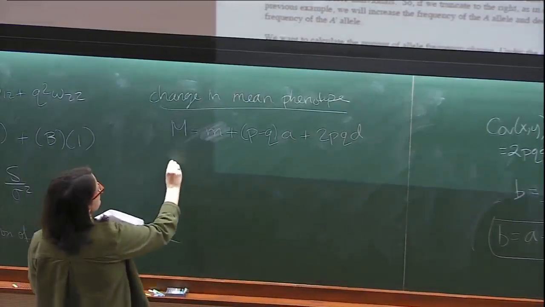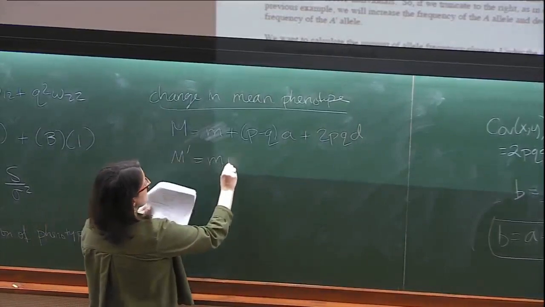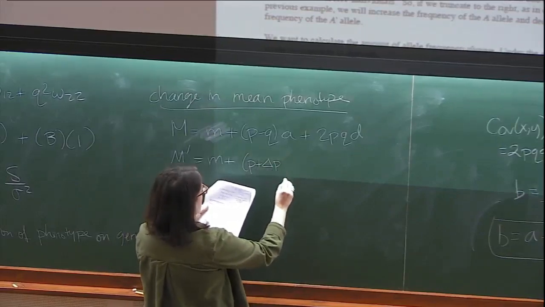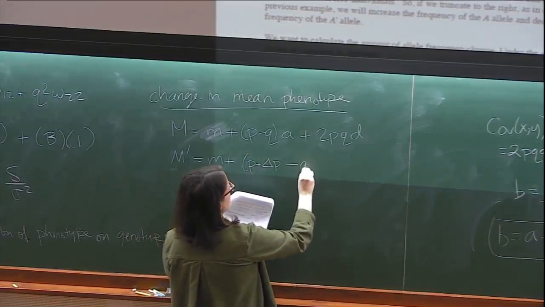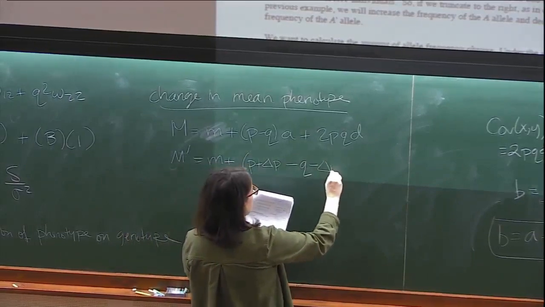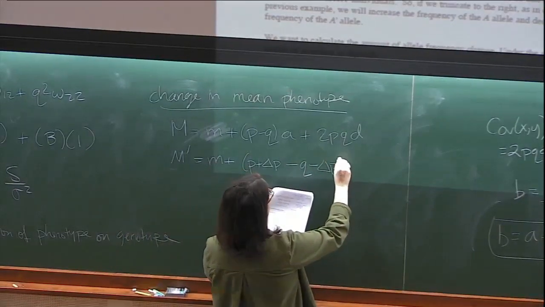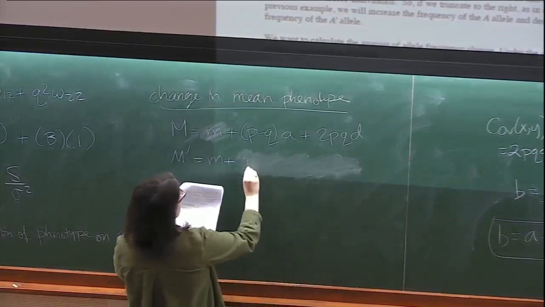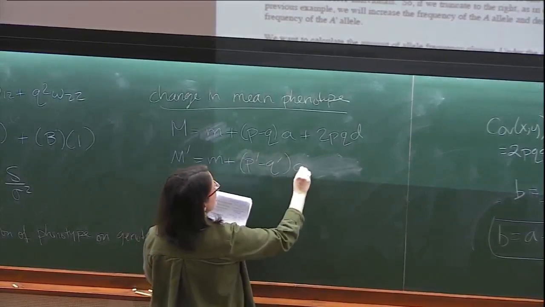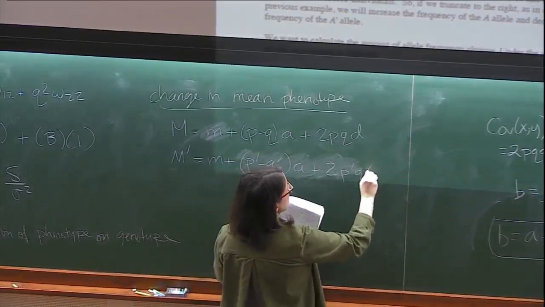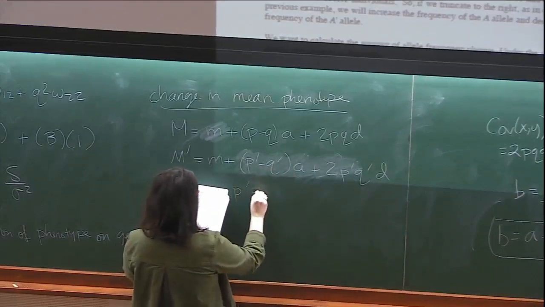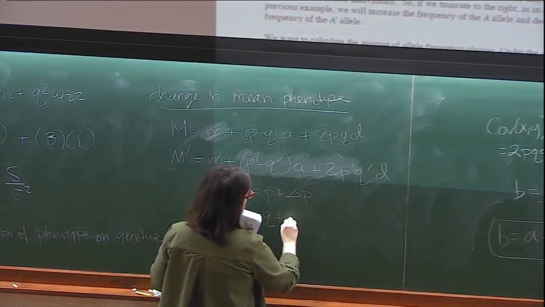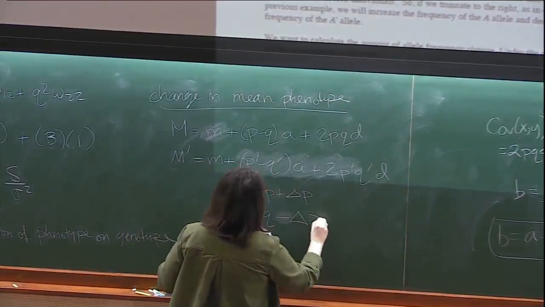And then in the next generation, this is going to be this quantity. Actually, why don't I just do this? P prime minus Q prime A plus 2 P prime Q prime D. And P prime is going to be P plus delta P, and Q prime is going to be Q minus delta P, where delta P is given by this.